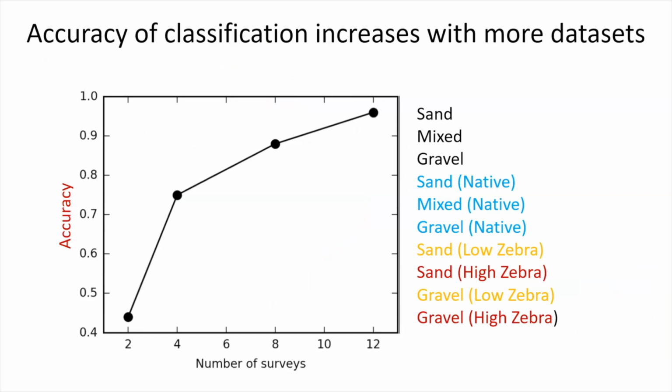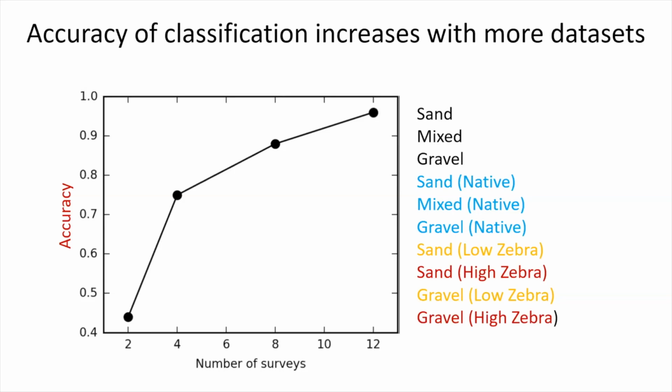We were able to discriminate between sediment that had just sand or just gravel, had native mussels, or high or low zebra mussel density. But one key point that became obvious from the laboratory experiments is that the accuracy of the classification improved with a greater number of surveys, or more data going into the model equaled greater accuracy of classification.